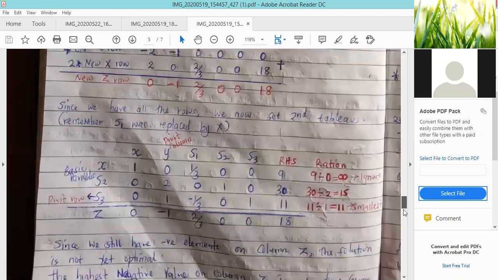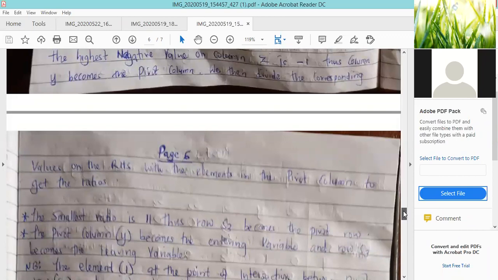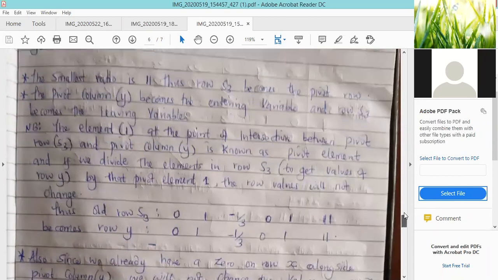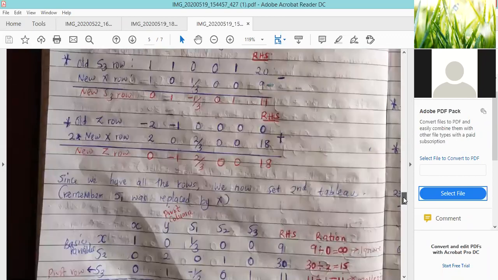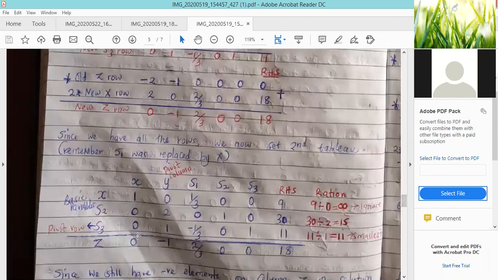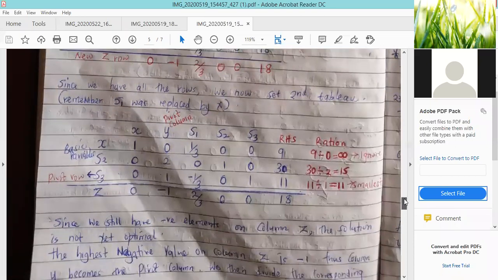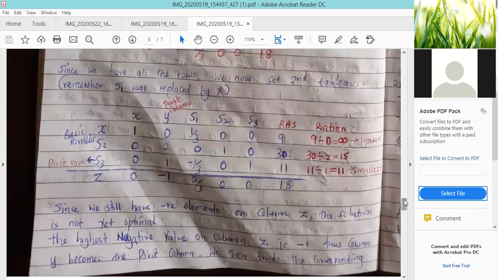Then my S3 law we will have the new variables as we had found them, and finally we fit in the new values of the Z law.